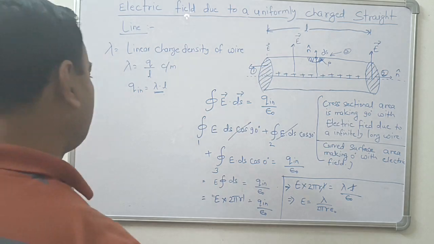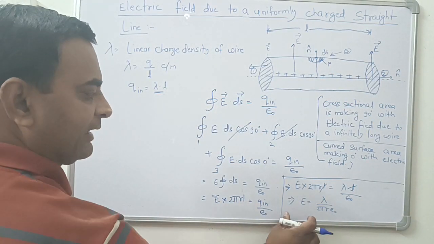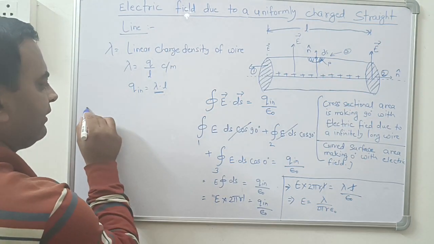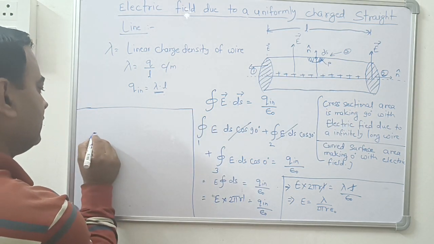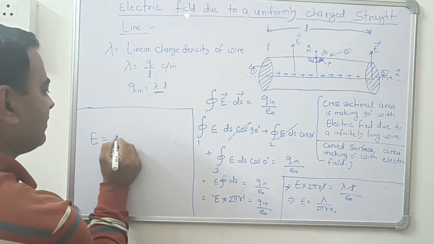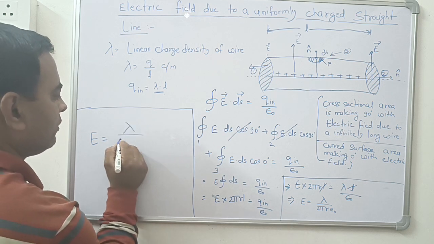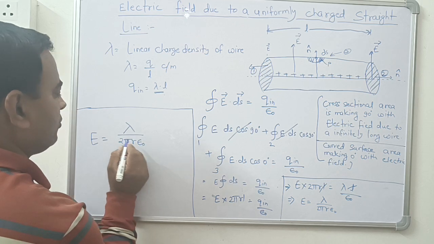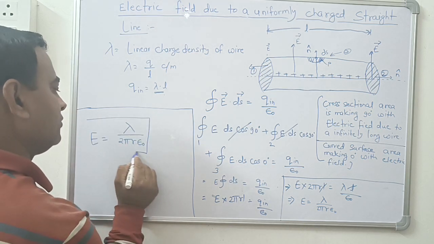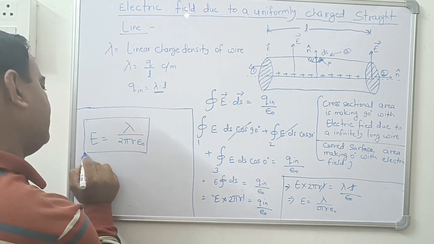I am writing this equation again in a better way: E is nothing but lambda upon 2 pi r epsilon naught. So this is a very important equation.